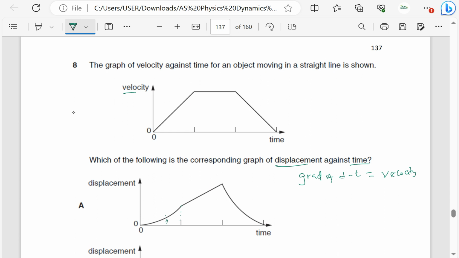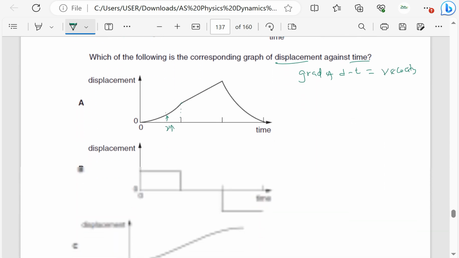Then here it is showing that the velocity is constant. And here it is showing that the velocity is 0, because it's a horizontal line, the gradient is 0. So this is out.